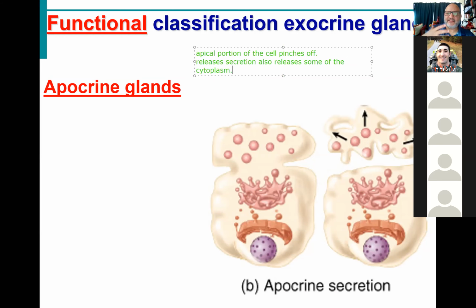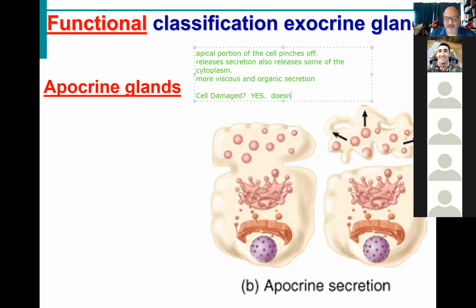Because of this, this makes for a more viscous and organic secretion, right? Now, again, obviously in this process, the cell is damaged. Yes, right? It's harmed by this. Does the cell die?